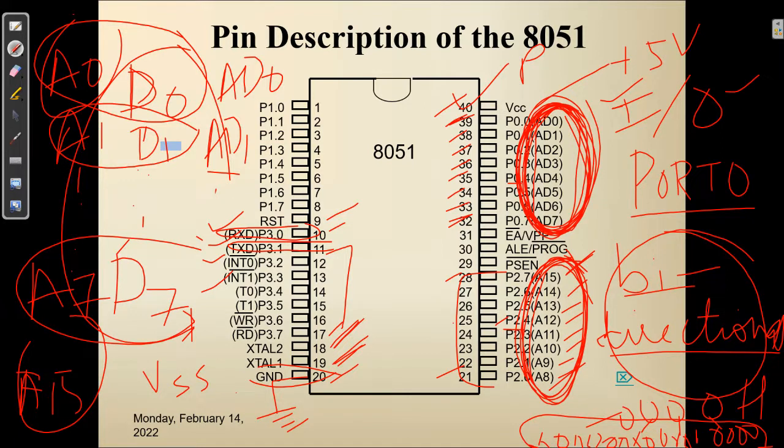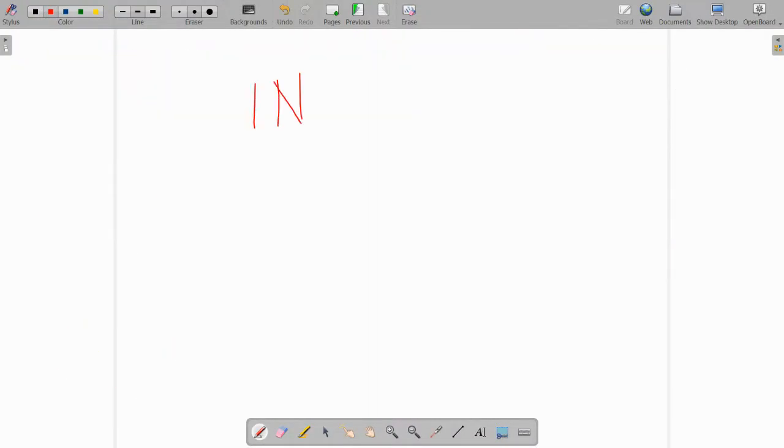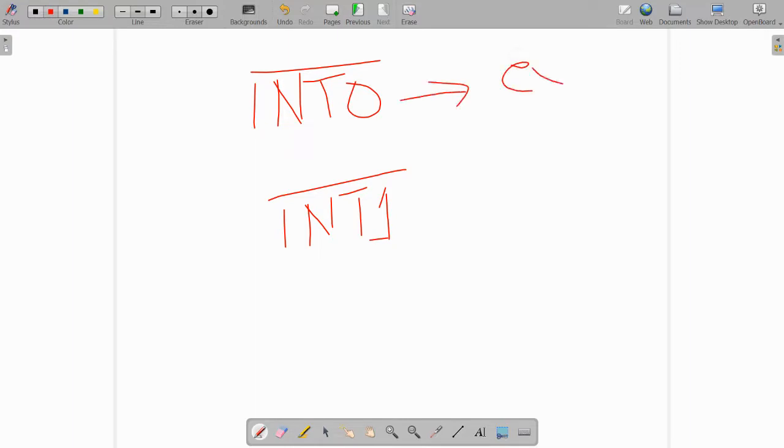My question was about external interrupts. So your external interrupts are INT0 bar and INT1 bar.